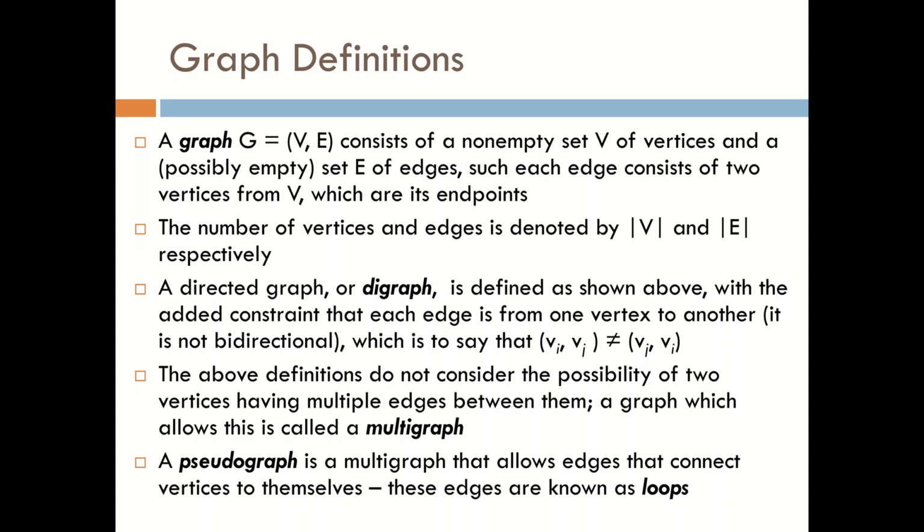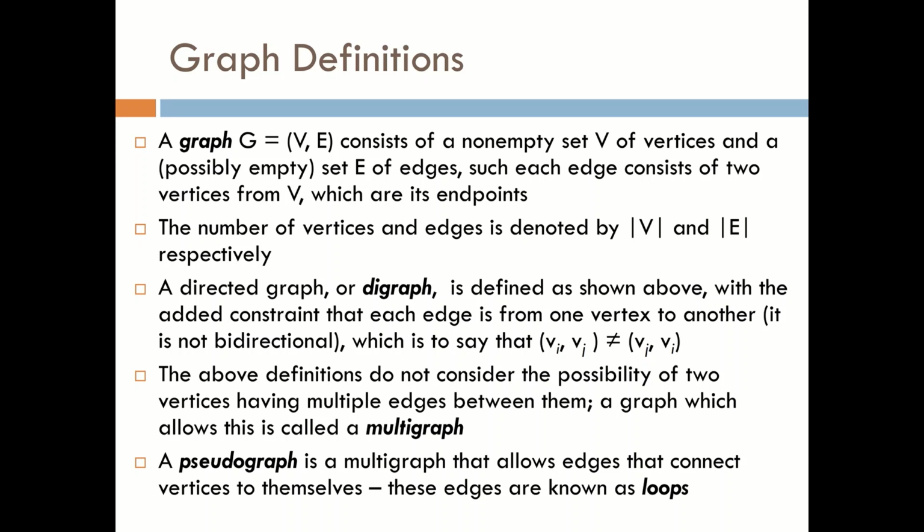A directed graph, also called a digraph, is defined as above, but it has the added constraint that each edge flows from one vertex to another. So the edges are not bidirectional, which is to say that the edge (Vi, Vj) does not necessarily equal (Vj, Vi).